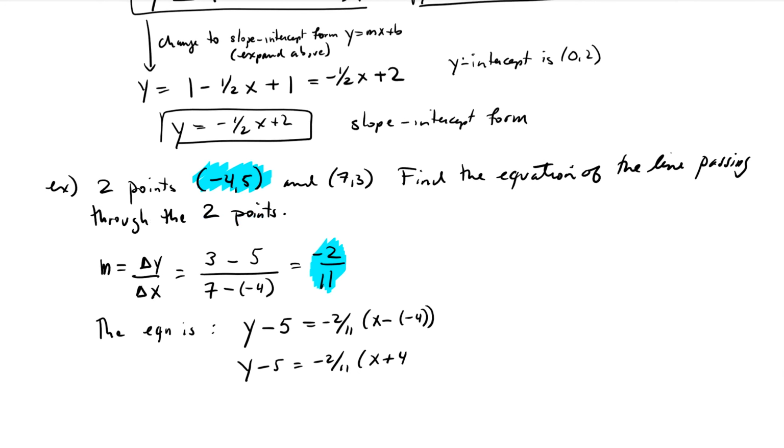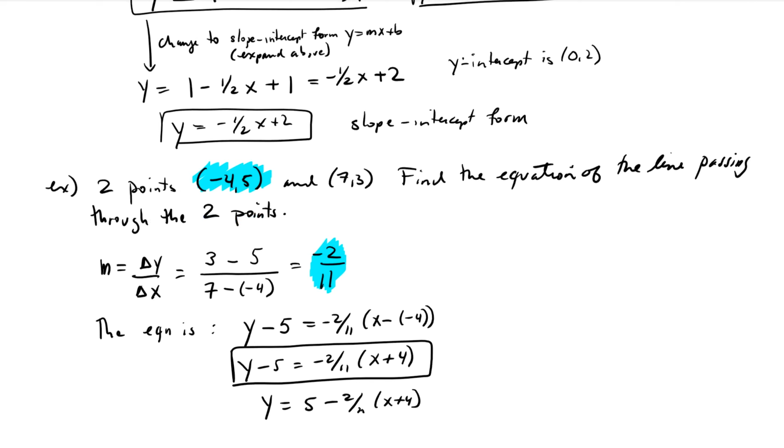Get x plus 4, like that. Okay, so that's a possible answer. Here's another possible answer. You can send the 5 on the other side. Okay, but notice that I didn't have to do any sort of work in order to get this equation.